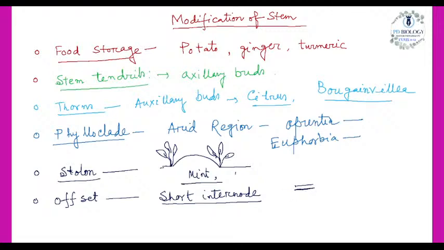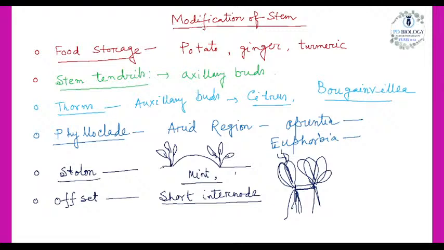The roots originate here and the leaves are structured here, sometimes with a flower. This structure is there in offset.